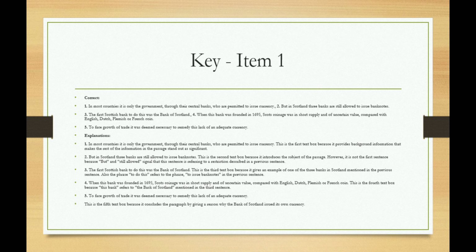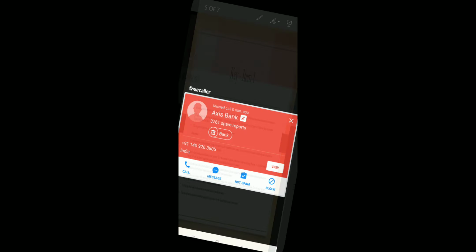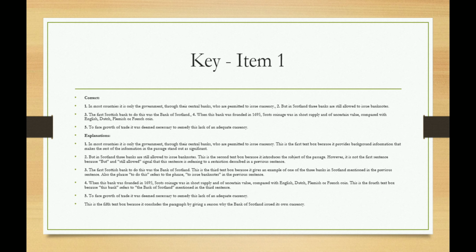Alright, now these are the keys, the answers for both those items. So first here are the orders. Alright, so in this order you can see the first, the correct, and the explanation I've given here.